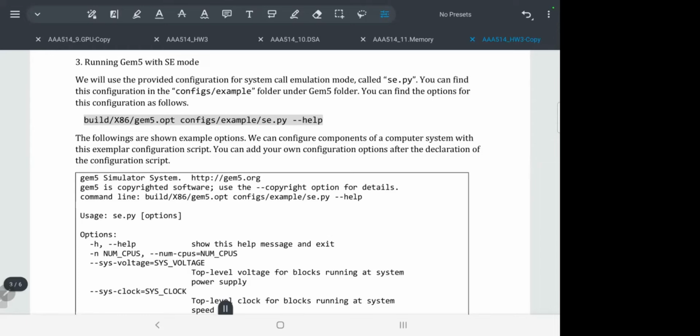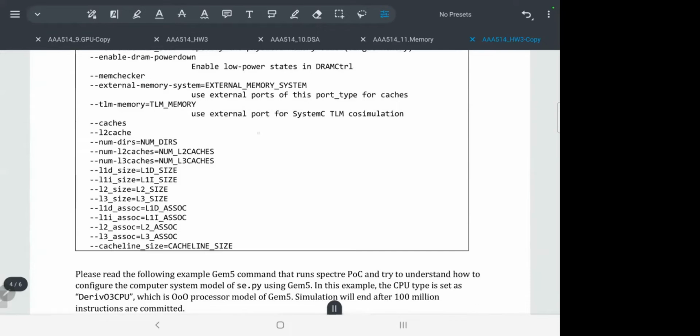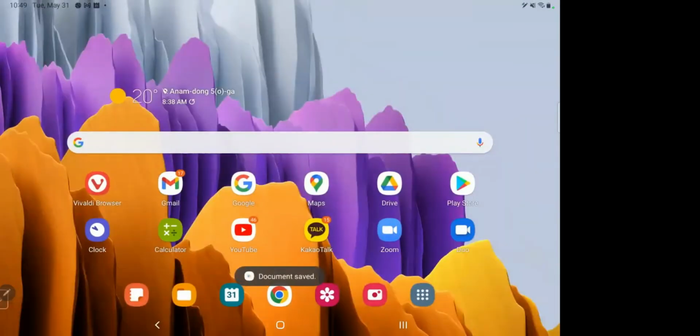But if we use the full system mode, then we require some storage systems, and we also require the operating system to run gem5. So for this assignment, we will use the system call emulation mode, and we will use the provided example configuration, let's say the script, to run gem5. And actually, you can set some different system configurations, which is great.